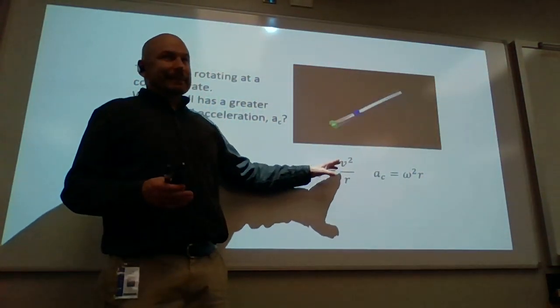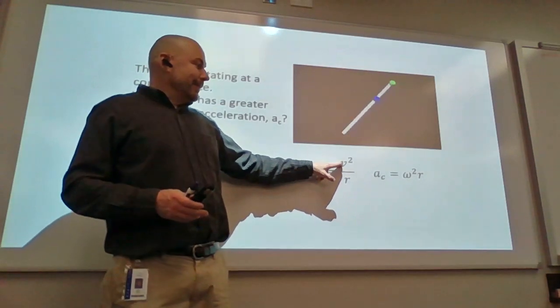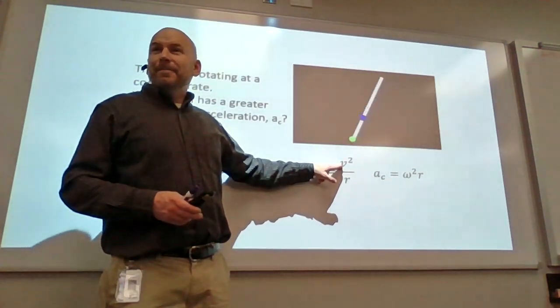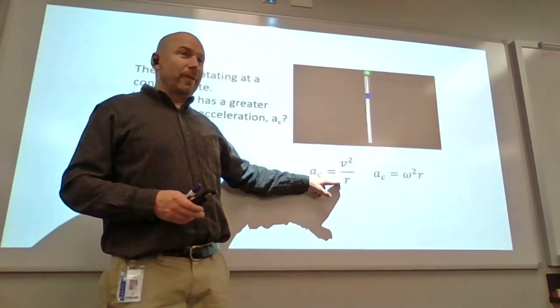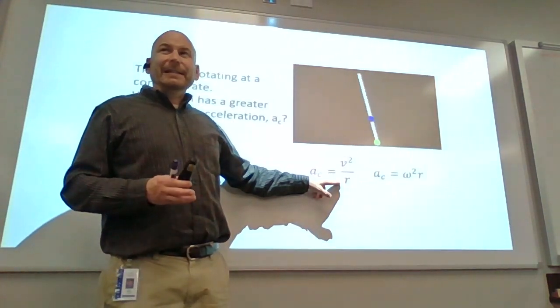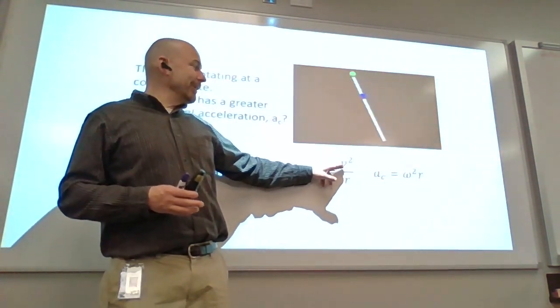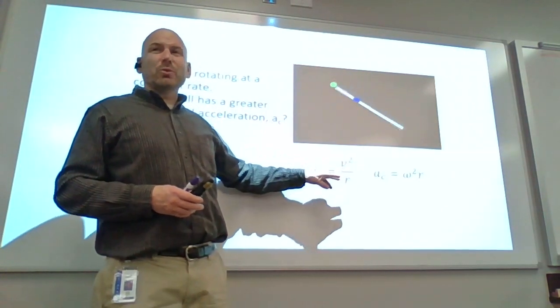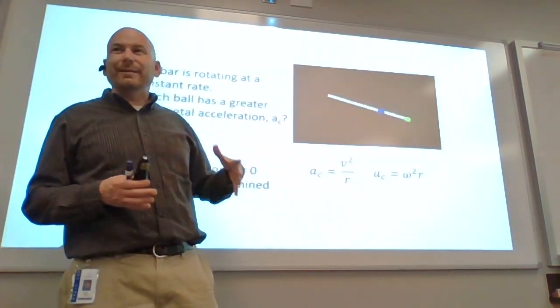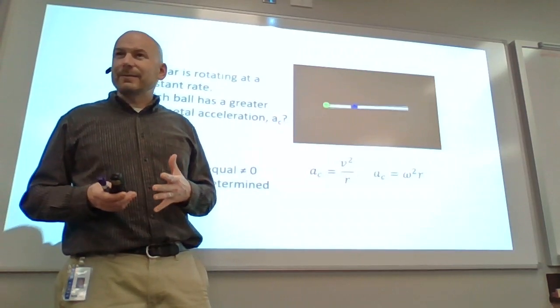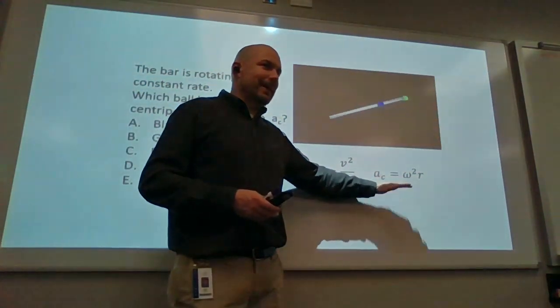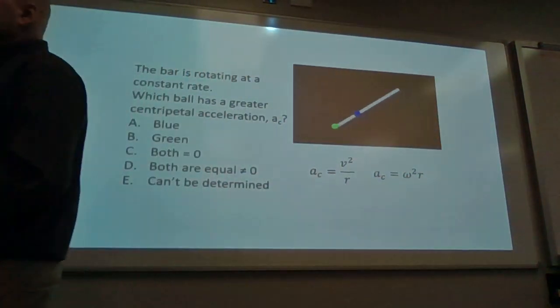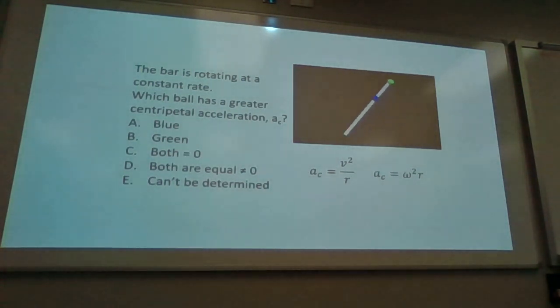Here, green's going faster, but it's also farther out. You might be able to argue, well, because speed is squared, it has more influence. Green, but you see the fuzziness? This one is like boom. Okay.